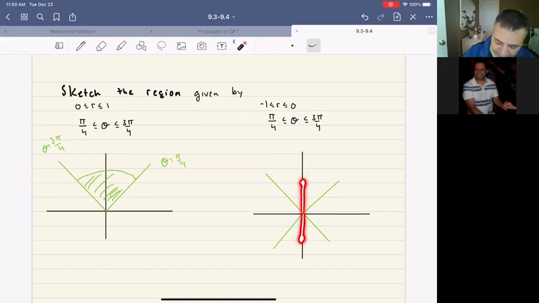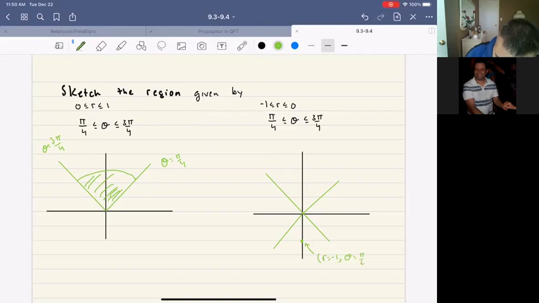So this point here, for example, is r equals -1, theta equals pi over 2. It's also, by the way, r equals 1, theta equals 3 pi over 2, but that's not really the concern in this problem right now. Okay? And so then we would graph this portion.